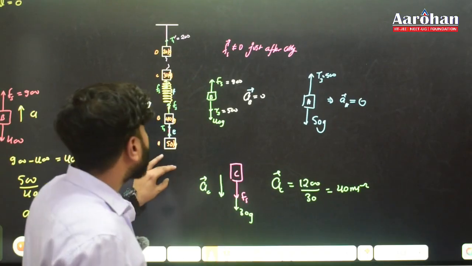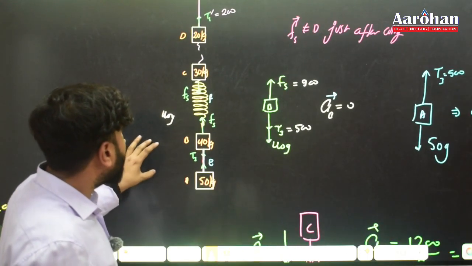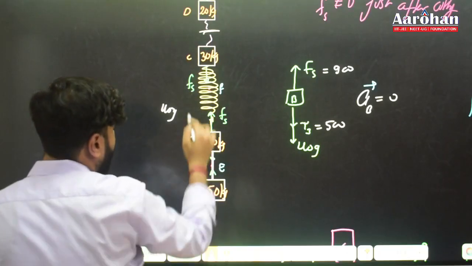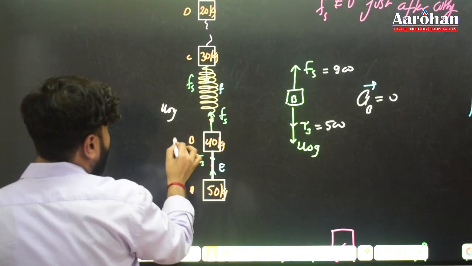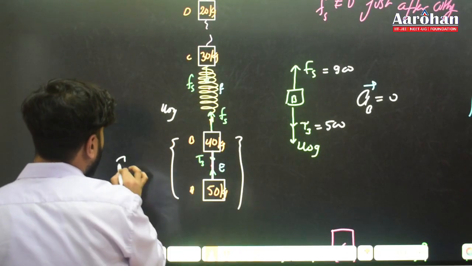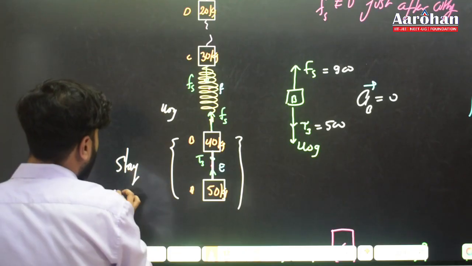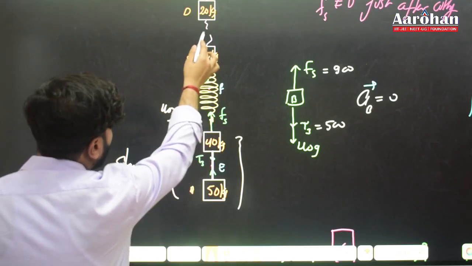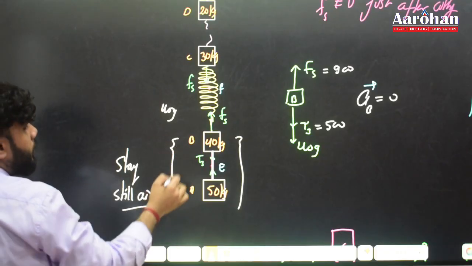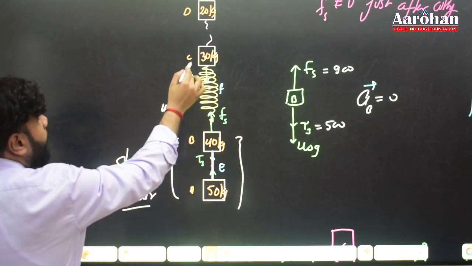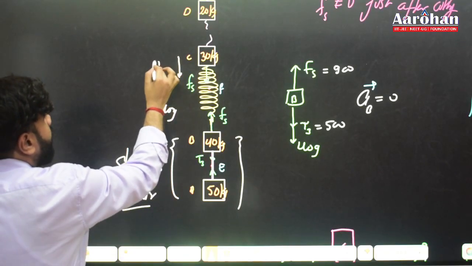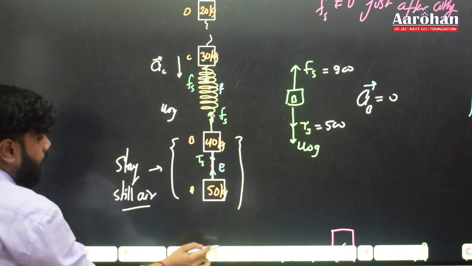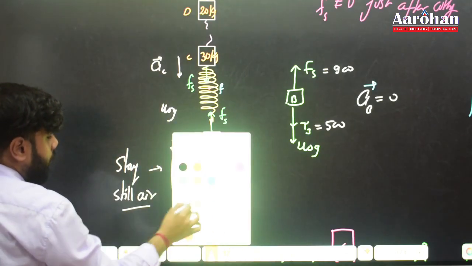And this is what I am saying. When you see the video, the moment I cut this string, this whole system will stay still in air. Yes, even though you have cut it from that point, this whole system will stay still in air, and only the 30 kg will move downward with some acceleration until Fs becomes 0.